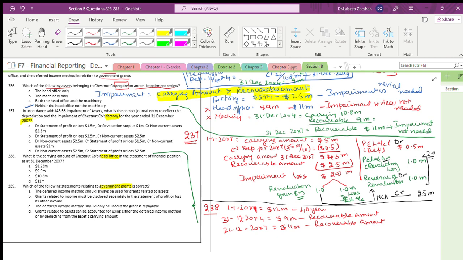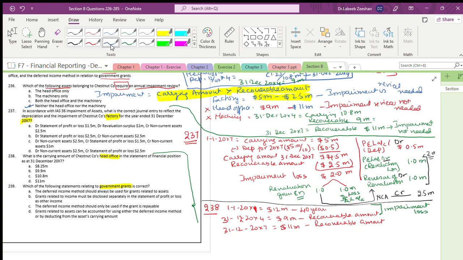See the things. Now, exactly, you will have a complete revision. It's very interesting. Here, what happens? There is an impairment loss. By this we can understand.